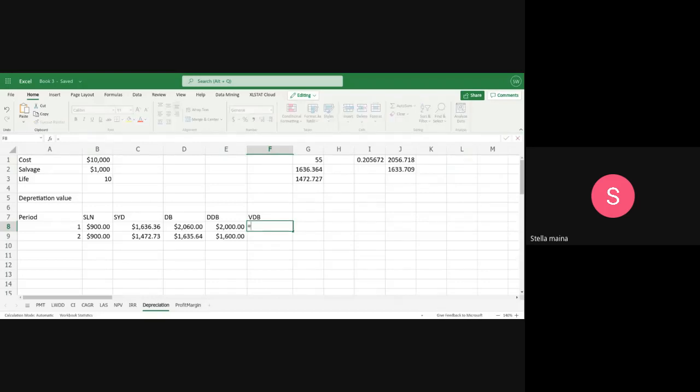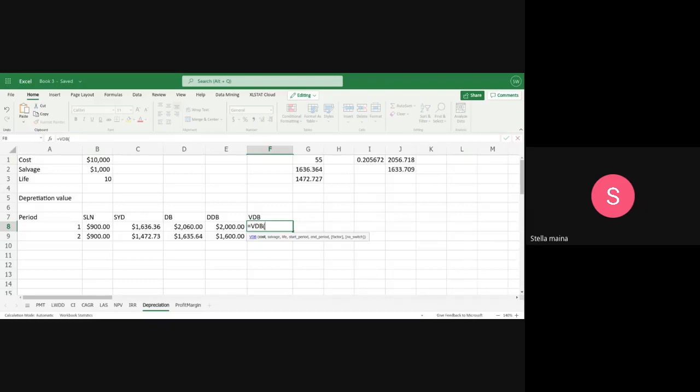You say is equals to VDB, though it won't be that different from the double declining balance. It becomes different when you calculate all these values up to the 10th value. That's when you can really see the difference, okay?